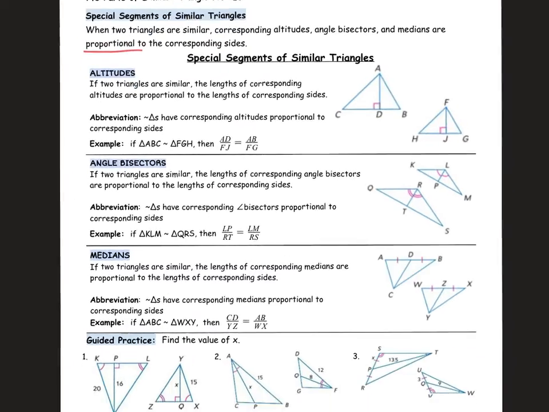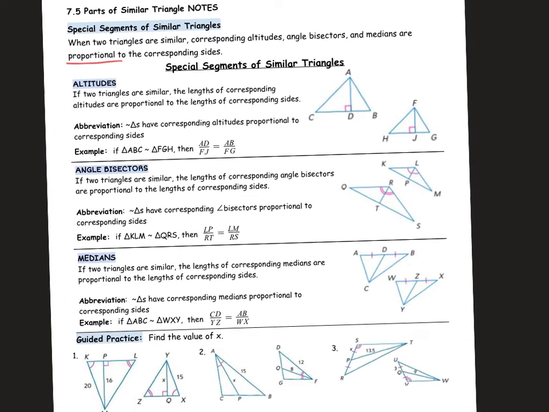So each of these essentially says the same thing, but if two triangles are similar, that's our big thing, they have to be similar, the lengths of corresponding altitudes are proportional to the lengths of the corresponding sides. So proportional triangles we can abbreviate as that, our little similar proportional thing, our triangle, and then our plurality, have corresponding altitudes proportional to the corresponding sides.